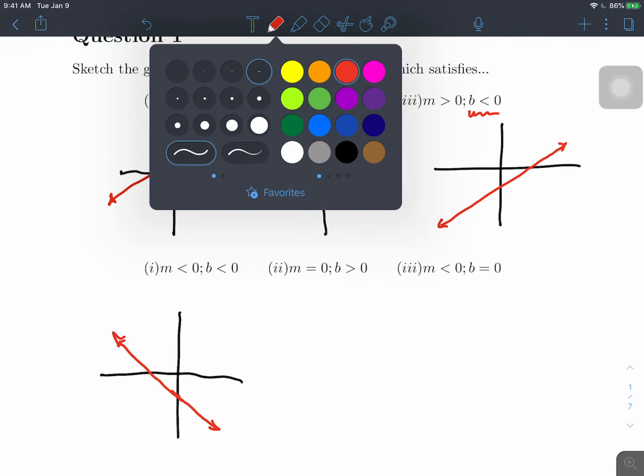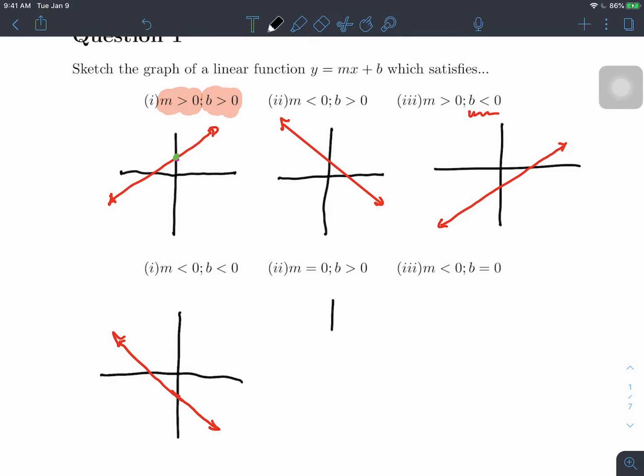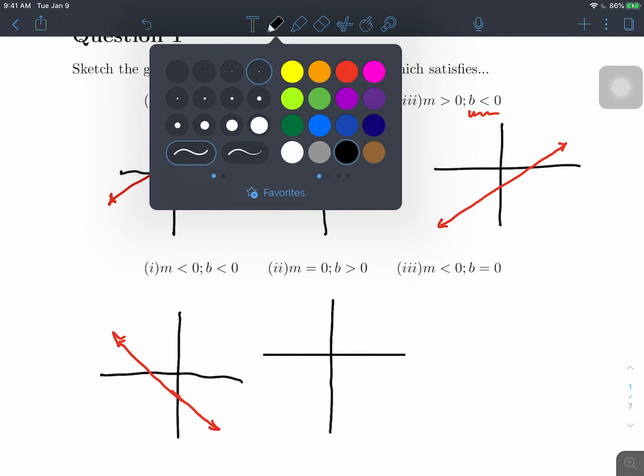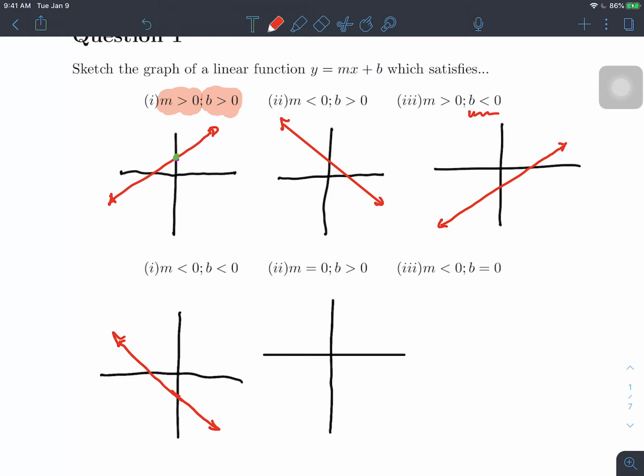Okay, and next one. This one we've got to get a little bit tricky. We know that m is equal to 0. Now remember, m is my slope, which represents rise over run. If I have a fraction, rise over run, and it's equal to 0, that means that the numerator, in other words, the rise, should be 0.